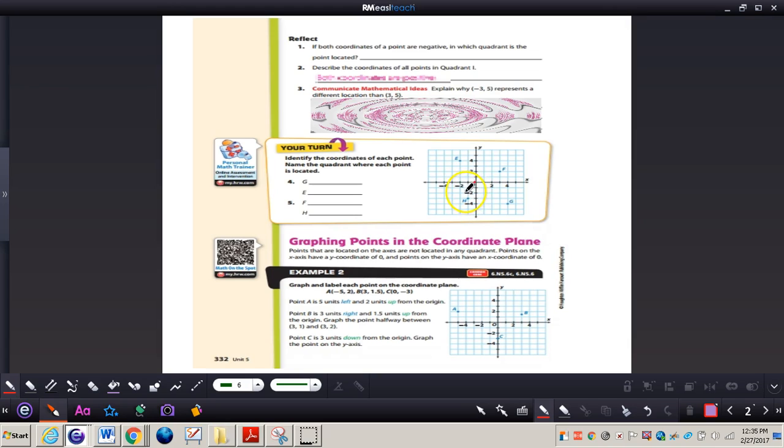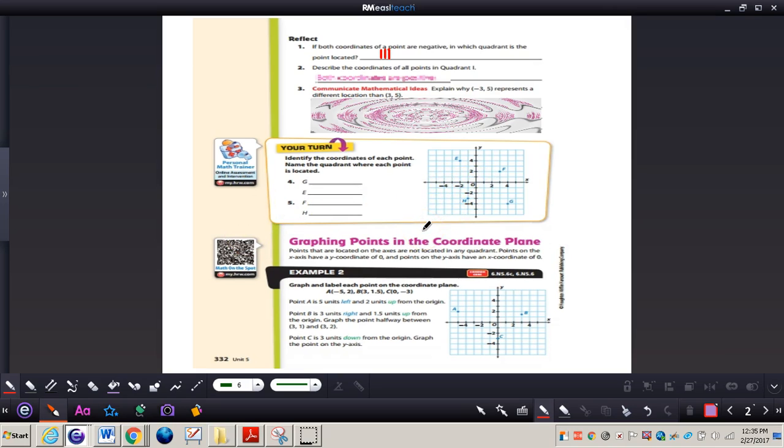So anytime both points are negative, the quadrant will be 3. And I want you to write that down. It will always be 3 as long as both points are negative. Now, if only one point is negative, it's not going to be the case. But they're asking if both points are negative, it will always end up in quadrant 3.